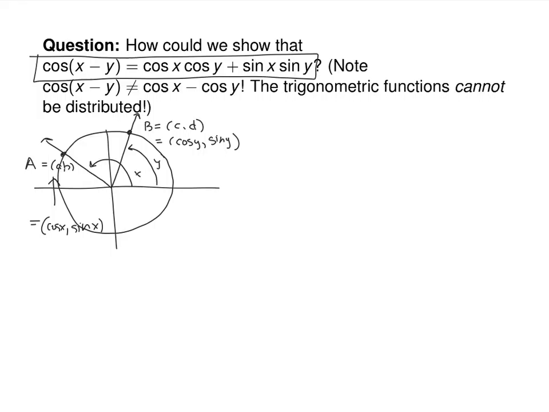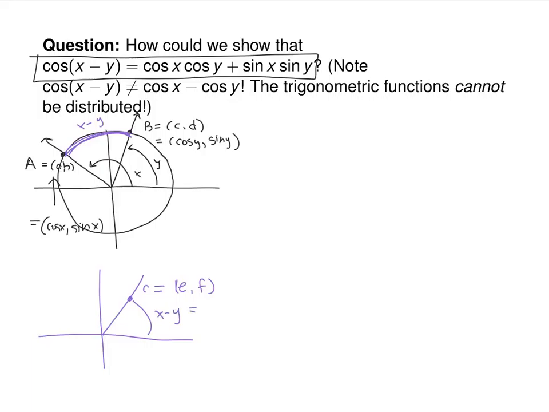Now the angle between them, like this part, does it make sense that that's x minus y? That's how big the angle is, x minus y. So I'm going to take that angle and shift it and draw it over here, and that's going to have the exact same distances. I'm going to call that point C, and we're going to call it E, comma F, because those are the next letters in the alphabet.